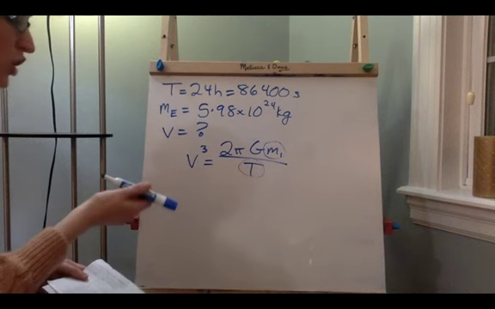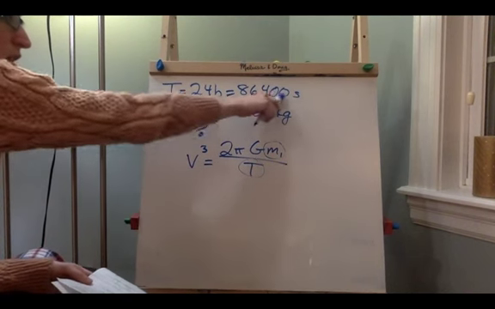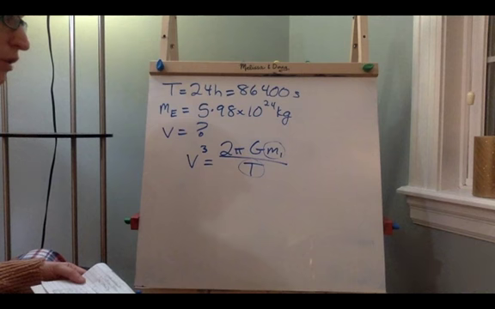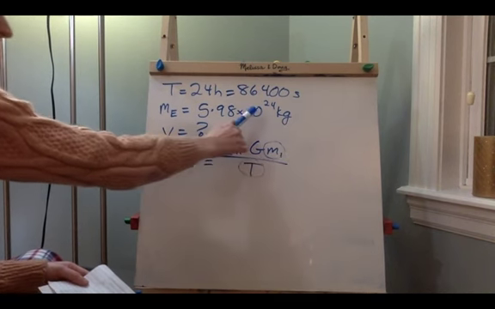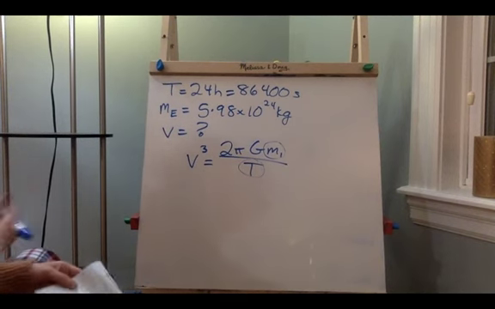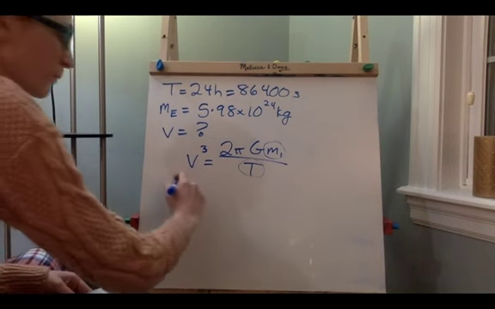Because it's geostationary, this is the same as the rotation of the Earth. And because m1 is the object that we're rotating around, it's the mass of the Earth, which can be used here. This just becomes a pretty basic plug and chug formula, okay?